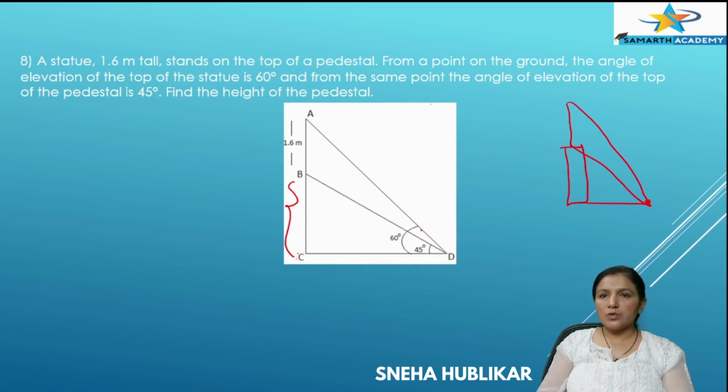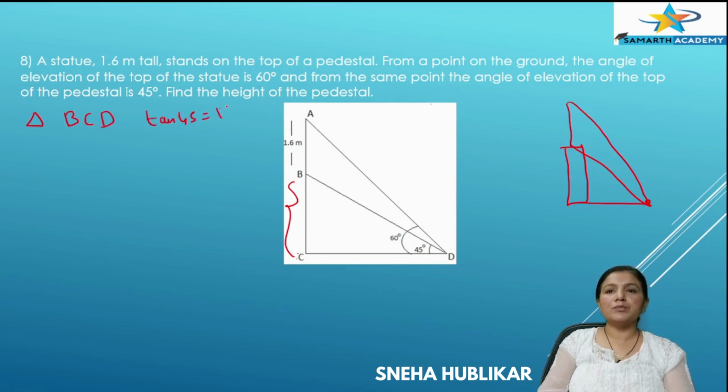So now what we know, consider triangle BCD. Tan 45 is equal to BC by CD. So this implies BC is equal to CD. Consider triangle ACD.